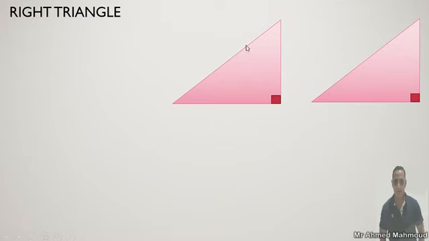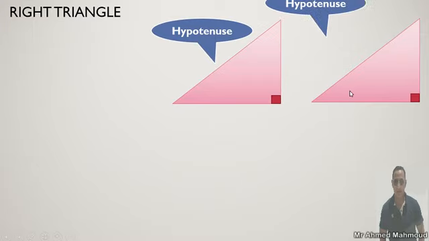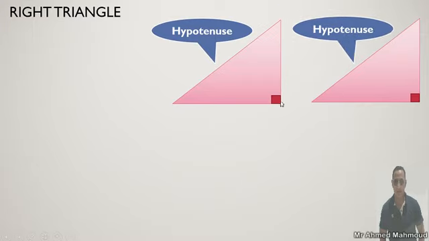The side opposite to the right angle is called the hypotenuse, and here also the side opposite to the right angle is called the hypotenuse. The two other sides are called sides of a right angle. The case is called R.H.S. R.H.S means right angle, hypotenuse and side.